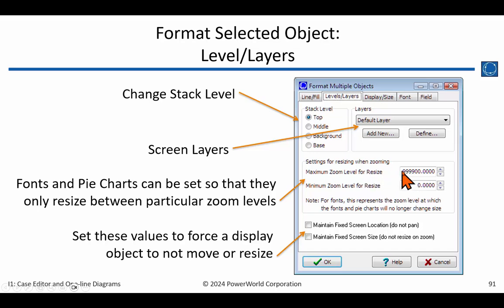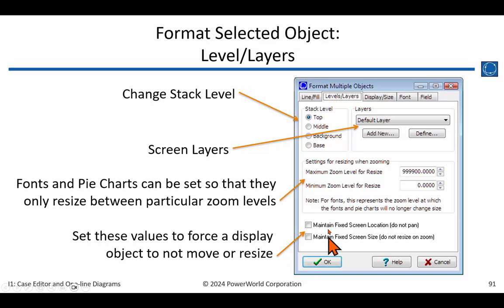This might be useful for things like background text, where you want it to not get too small as you zoom out. For example, you could set a minimum zoom level to resize at a certain level so that when you zoom back out to a higher view, it doesn't get any smaller, or vice versa. Pie charts and things like that are useful for that as well.